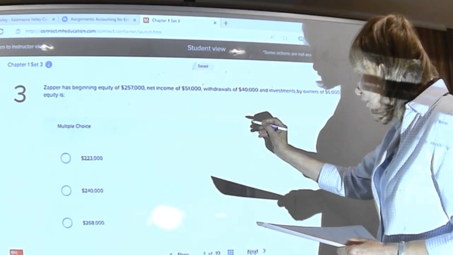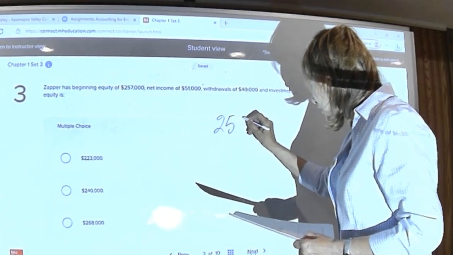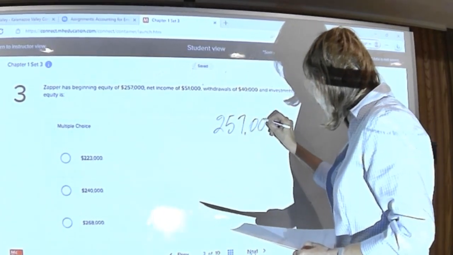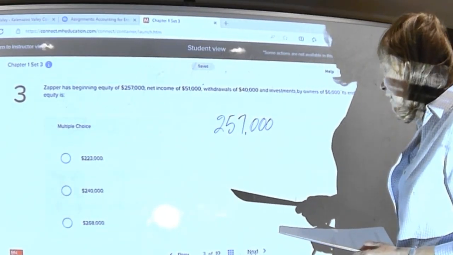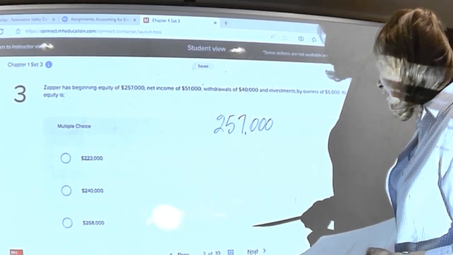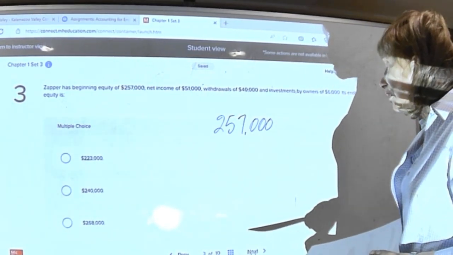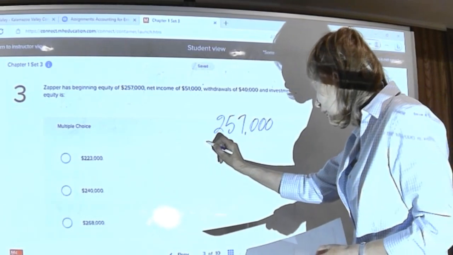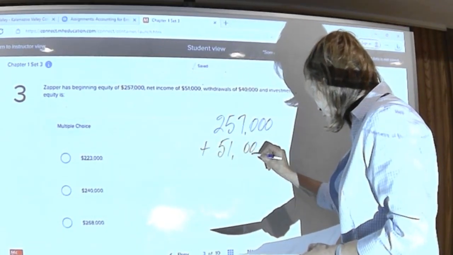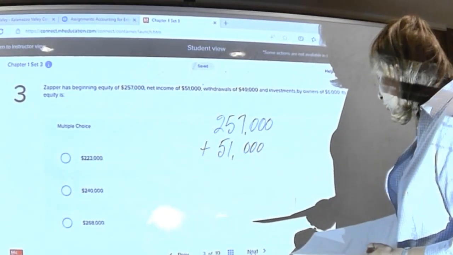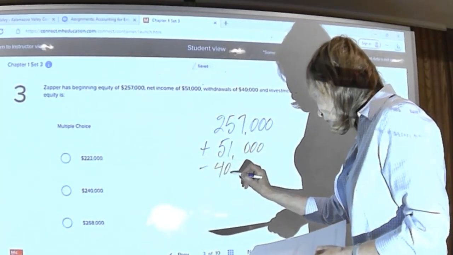So let's start with that beginning equity, which is 257,000. Okay. We had a net income of 51,000. You remember that income increases equity, so we're going to add that in there, another 51,000. Withdrawals of 40,000. Okay, so we'll subtract the withdrawals.